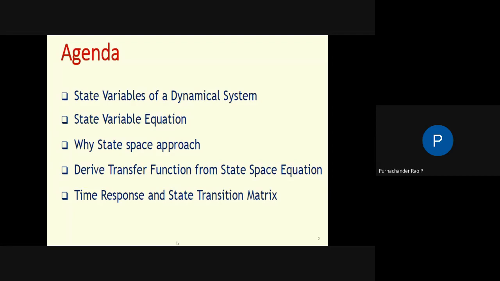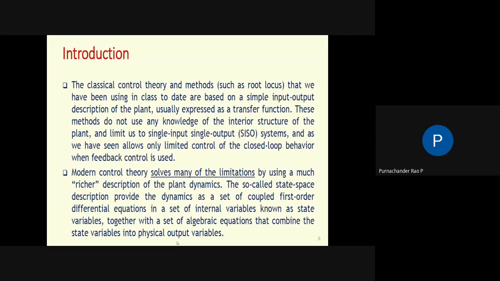Okay, so why do we need to take the state space analysis? What are the disadvantages of classical control theory, and what are the advantages of modern control theory? The first 4 units which we have discussed are nothing but the classical control theory methods, and the last unit we call modern control theory.